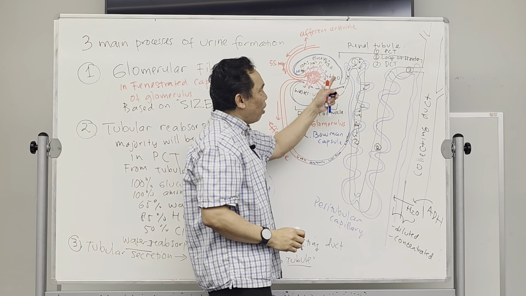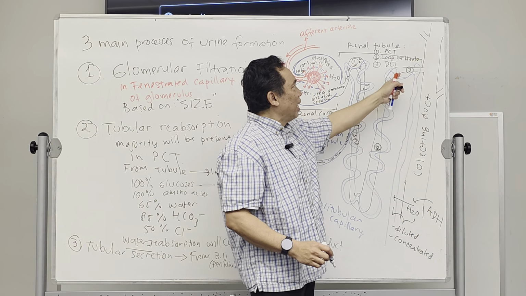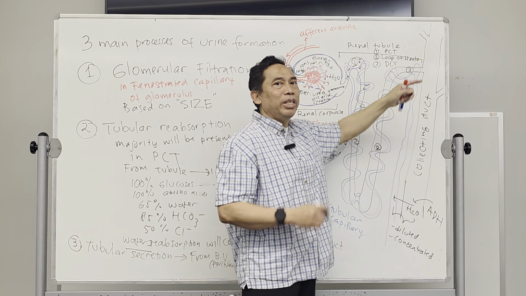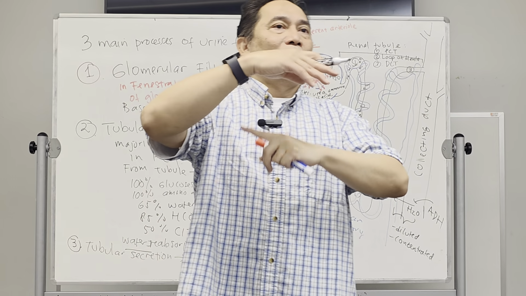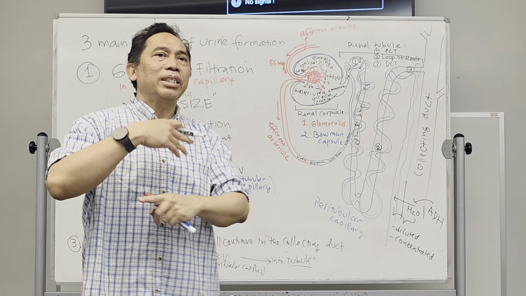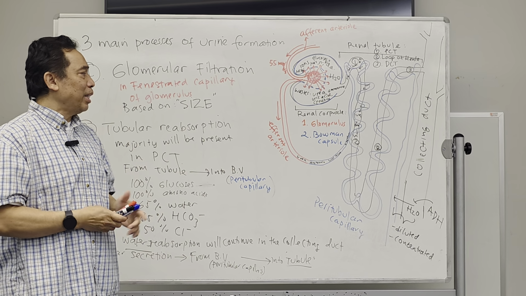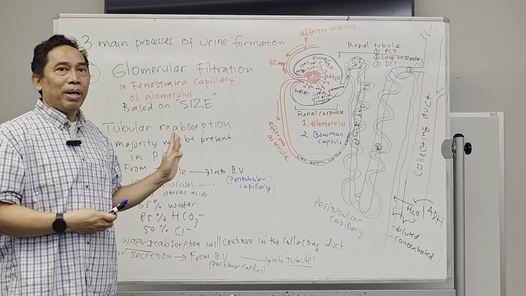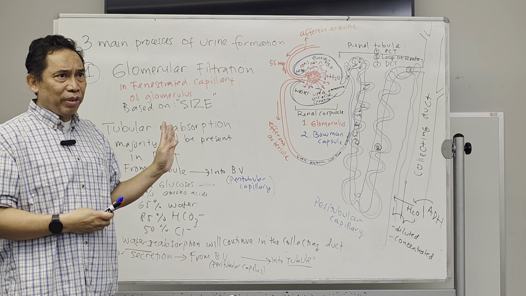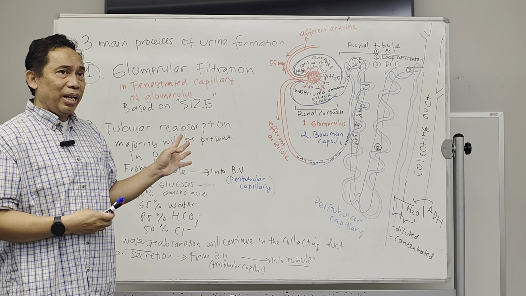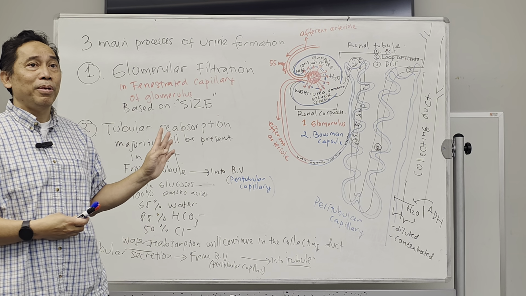It happens over a long way, starting from the PCT, loop of Henle, DCT, which continue that secretion. So make sure all these waste products will be removed. If it is not removed, then what happens? You might have problems with the blood, the dirty blood. If it is not filtered correctly, that blood will be dirty and you will have a problem.